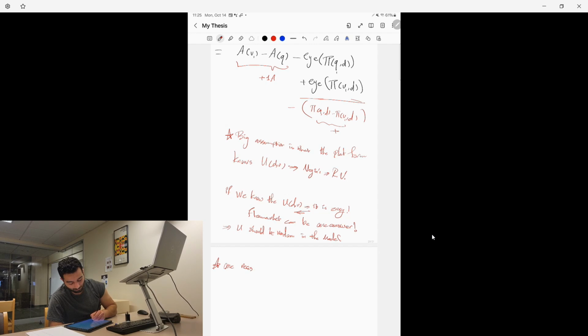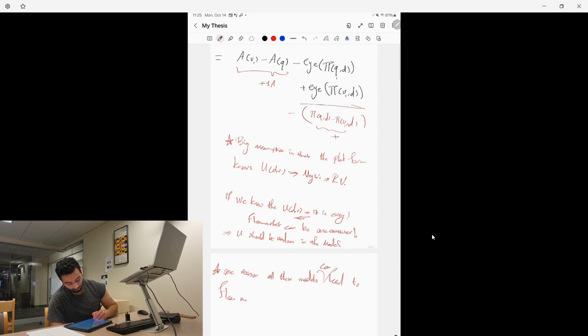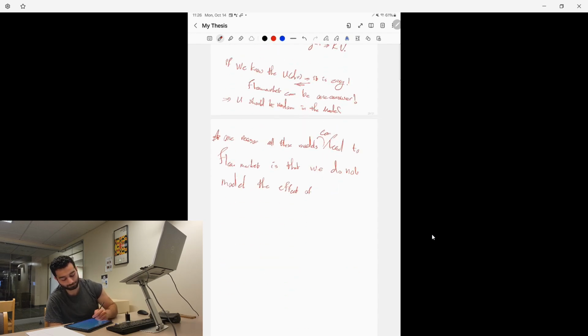One reason all these models lead to flea market is that we do not model the effect of comparison among items of the same category in the decision making of the user.